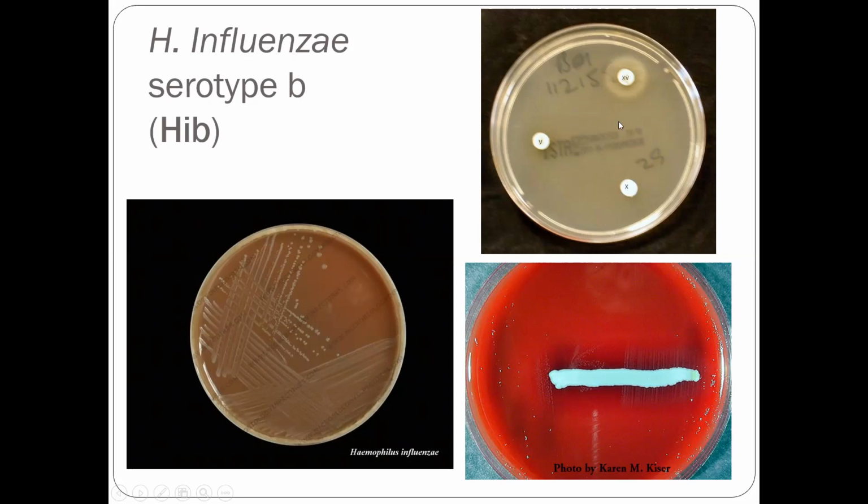Remember, this one needs X and V factors. X factor is hemin. On the blood agar, there's hemin. And when Staphylococcus aureus grows on the blood agar, it will generate NAD. So they can survive there. That's why Haemophilus influenzae can survive there. That is called a satellite phenomenon. Okay, it looks like single, very tiny dots surrounding this white smear colony.